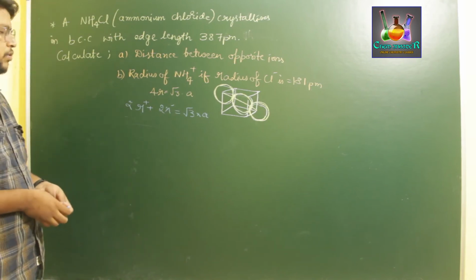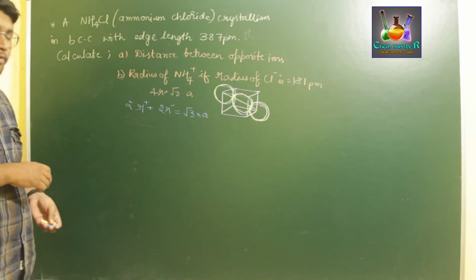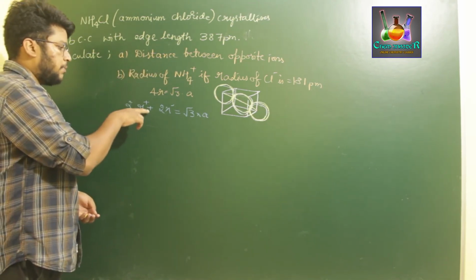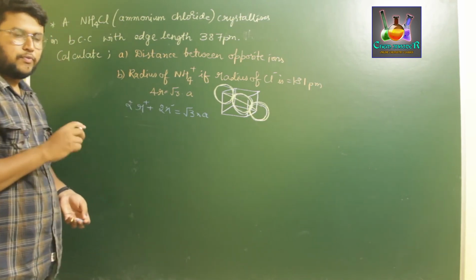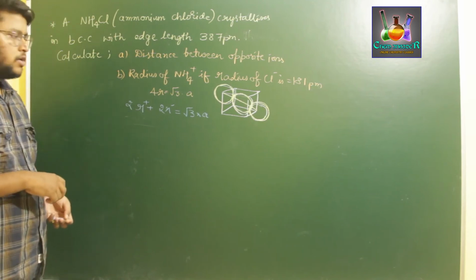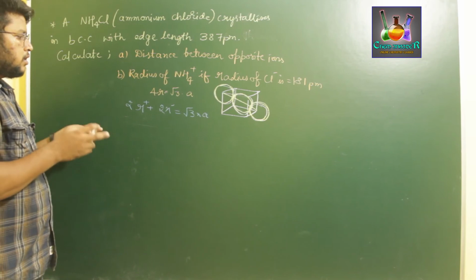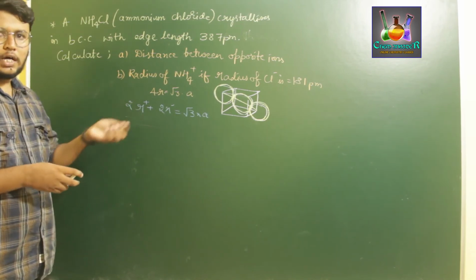First, what we have to know is the distance between the opposite ions, that means the value of r plus and r minus. In order to find the distance between r plus and r minus, we have to find the value of r plus plus r minus.